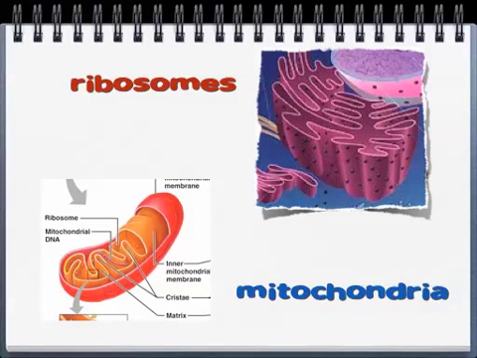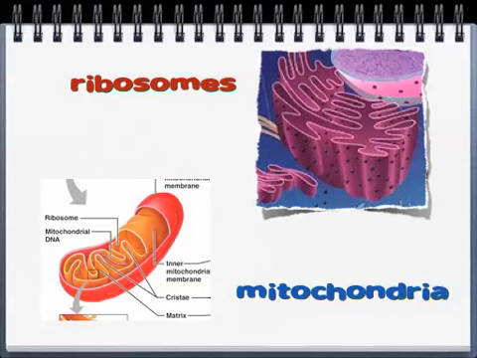Ribosomes are drawn as like little dots, either inside the cell or in the cytoplasm or on the endoplasmic reticulum. So they're usually put on the endoplasmic reticulum, the ER, because they make proteins. That's their function. And the ER usually packages and processes those proteins.